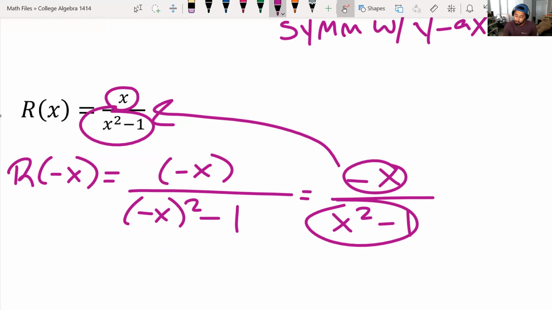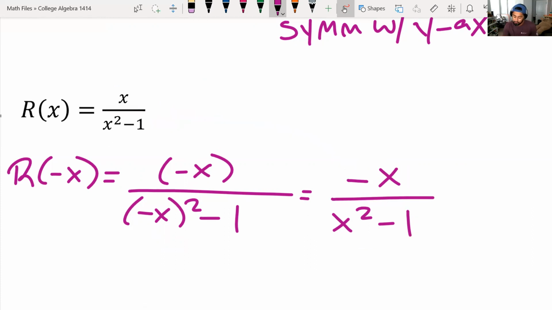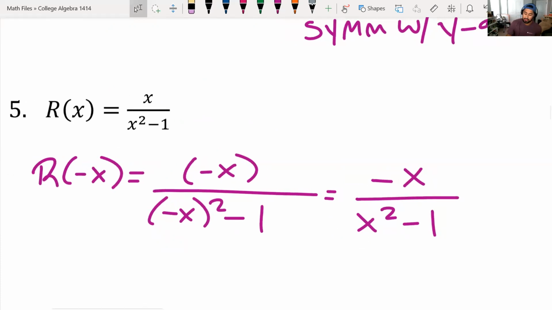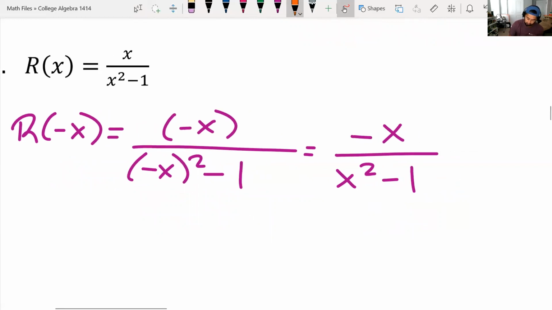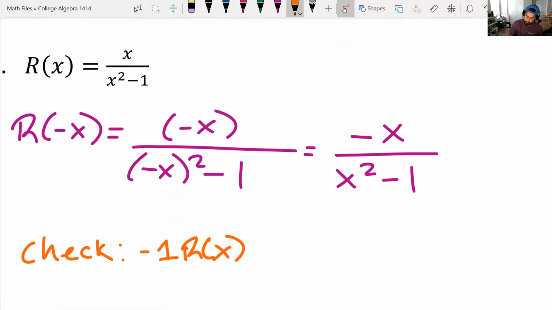But there's a reason why I said these are tricky. And this function is actually odd. But in order to prove that, you must do the check that we did above earlier. Because if we do the check, we say take negative 1 and multiply the original function, which means I get negative 1 times x over x squared minus 1.